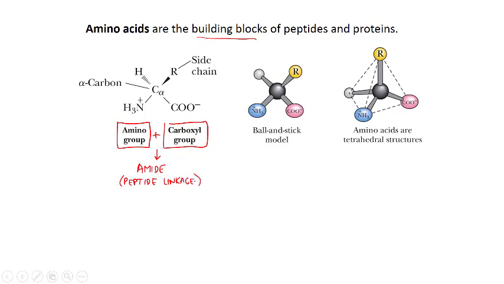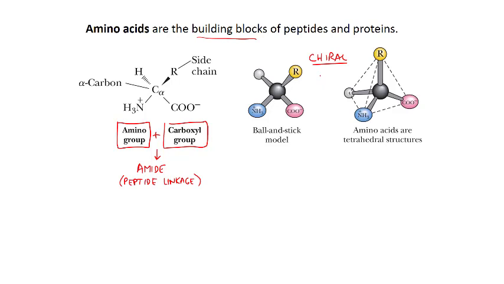Now, something you should notice about all of our amino acids, with one exception, is that your alpha carbon is at the center of a tetrahedron, and it's got 4 separate groups connected to it, therefore, it's chiral. So it's chiral around that alpha carbon in the middle.